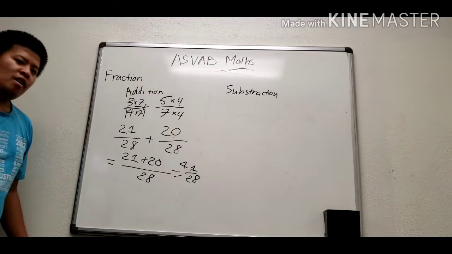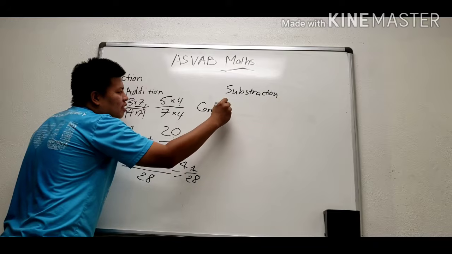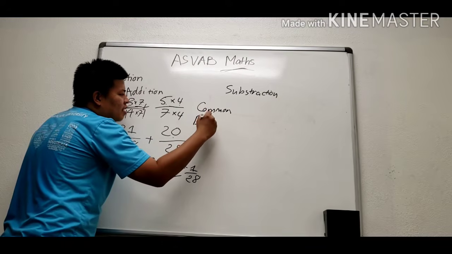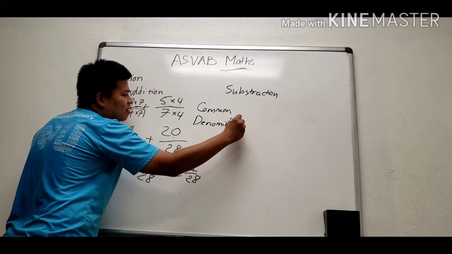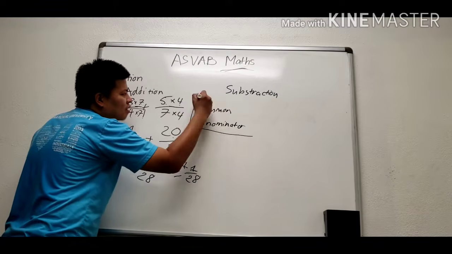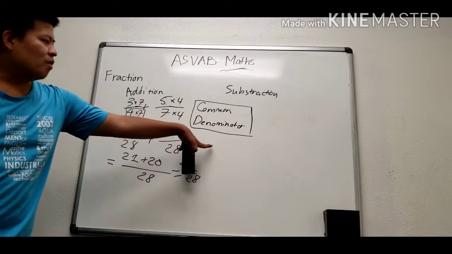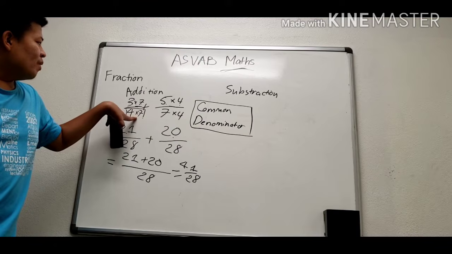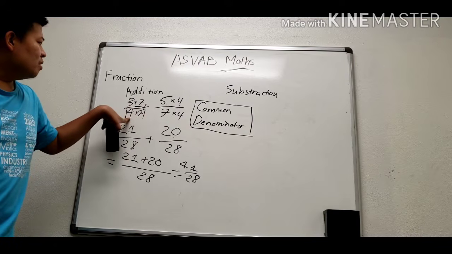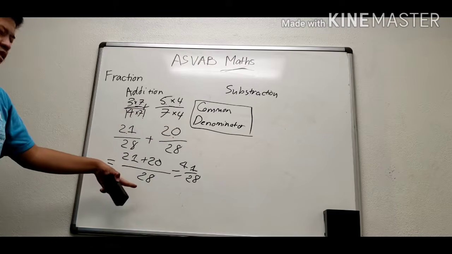That's why we need to learn how to do the common denominator. So we just multiply the numbers to make sure that both can get the same common denominator, and then we can sum together.